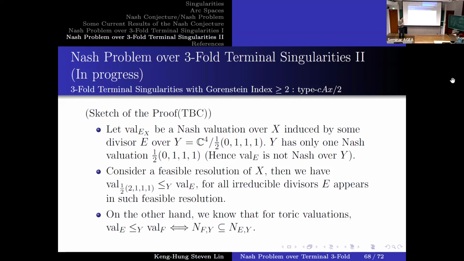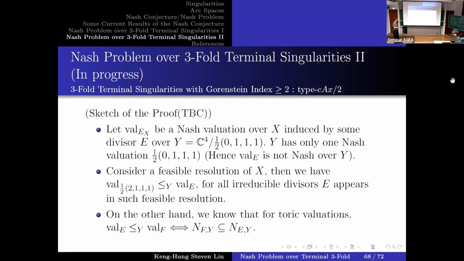Then we can try to consider a feasible resolution of X, and we know that because all Nash valuations come from some weighted blow up, the valuations of X will be greater or equal to the valuation induced by this vector plus (1,0,0,0), because all divisors are inside the cone.